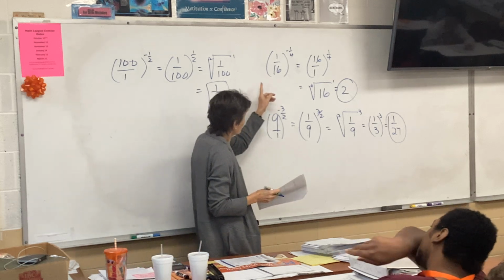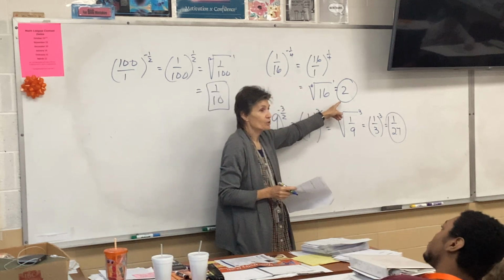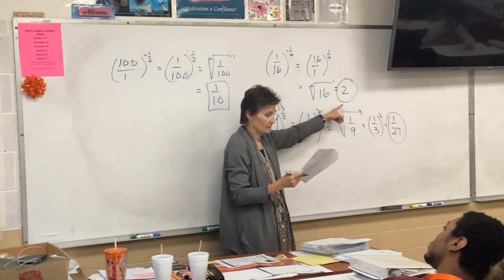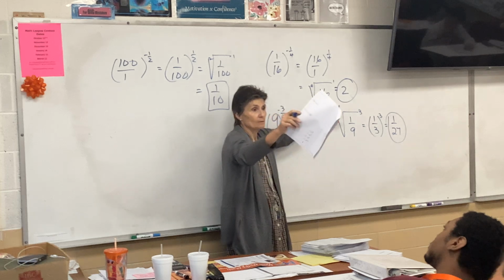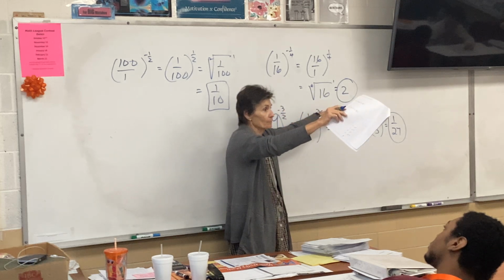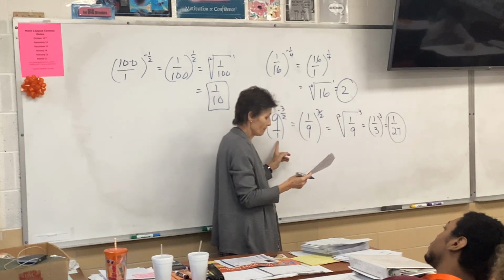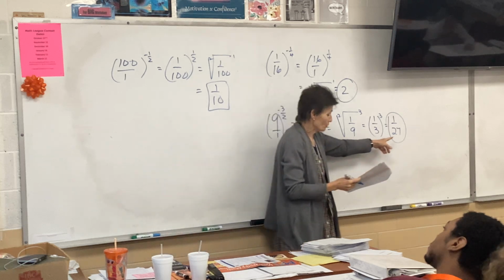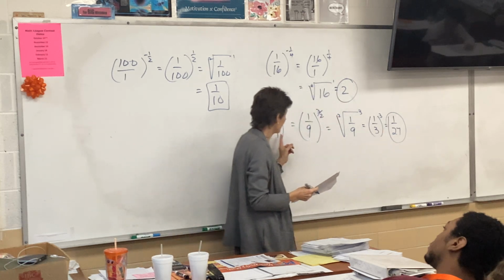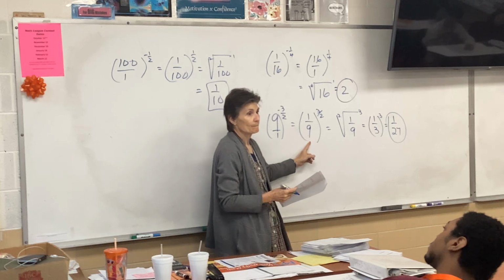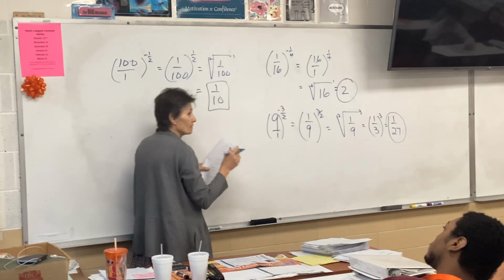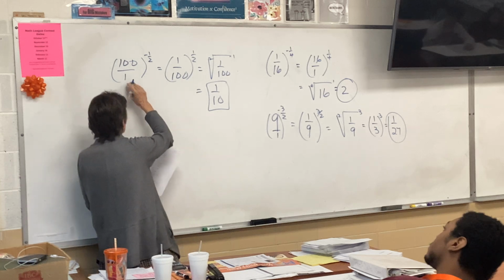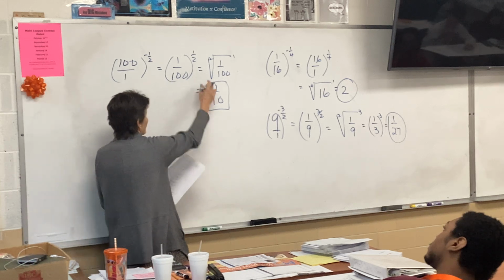Alright, anybody need me to walk through how I got 2 for number G? G was 2, did you get that one? 2, alright. For H, I got 1 over 27, anybody need me to walk through that one for you? Okay, did you make it to I? Yeah. I flipped it, I got 1/10.